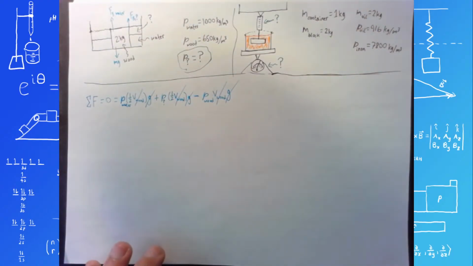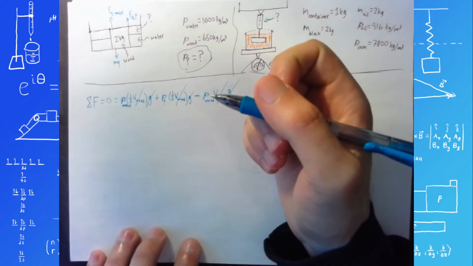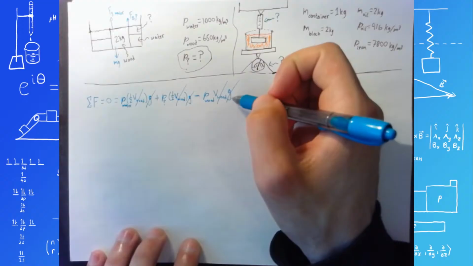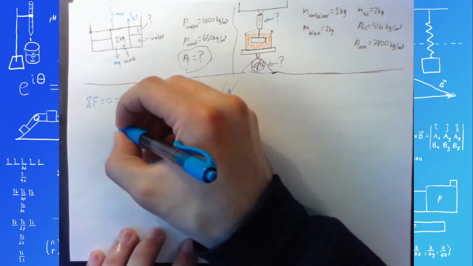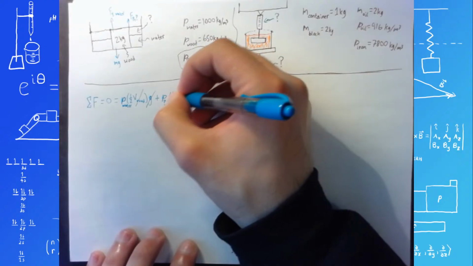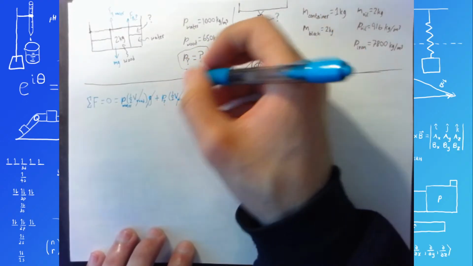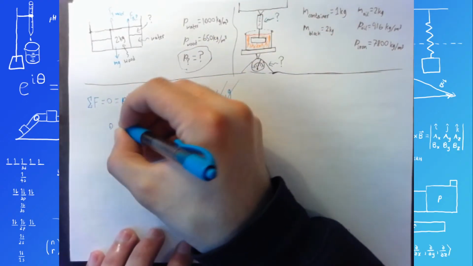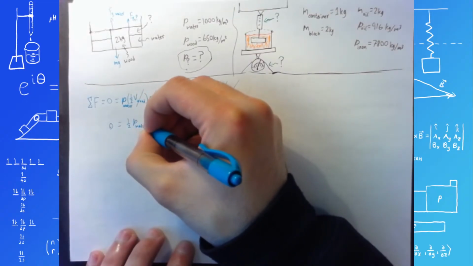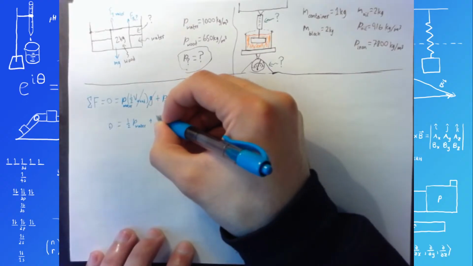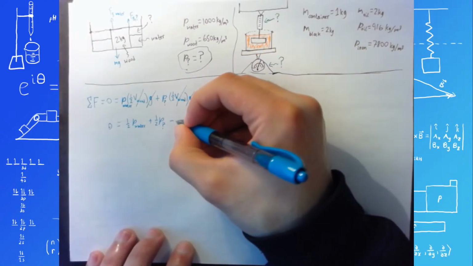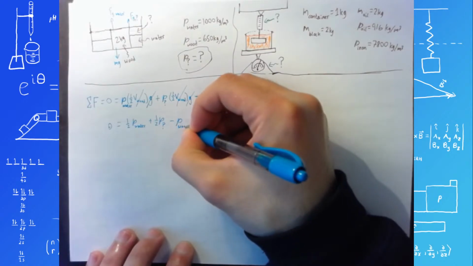What you end up with is half the density of the water plus half the density of the mystery fluid minus the density of the wood equals 0. So 0 equals 1/2 rho water plus 1/2 rho mystery minus rho wood.